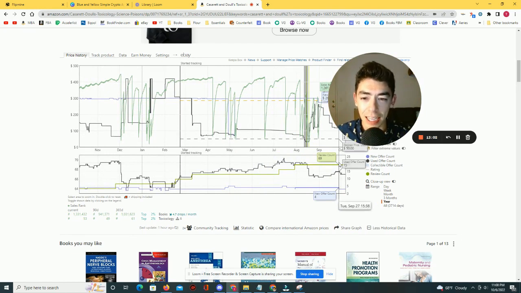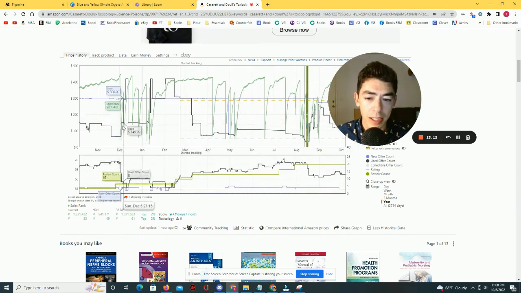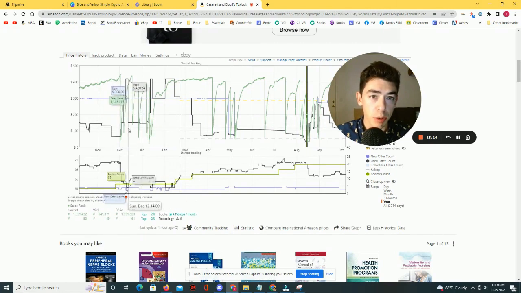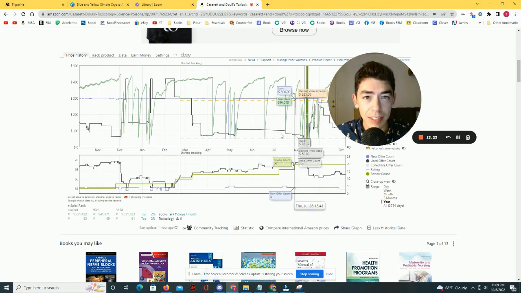That's just an indicator of what it sold for at least, right? That's the minimum that it sold for, but oftentimes it's actually selling for a lot more. But $153 is right in line with what this was selling for back in December and January of the previous year. So I think that's what I was expecting to sell for. It took a little bit longer than I thought it would to sell, but it did sell, and I made a profit of $70 with that book.